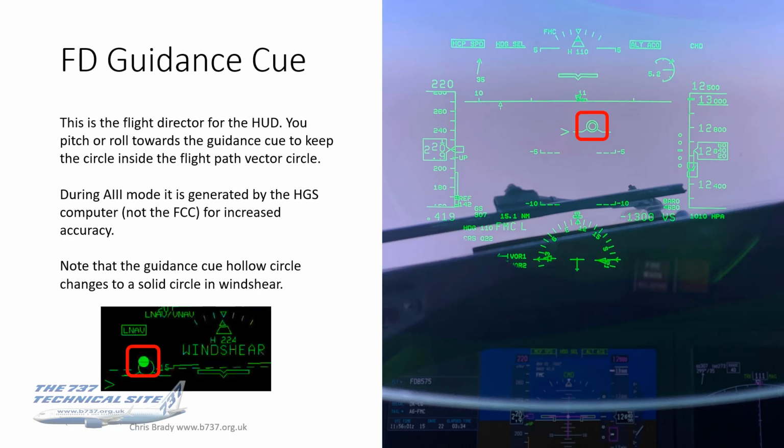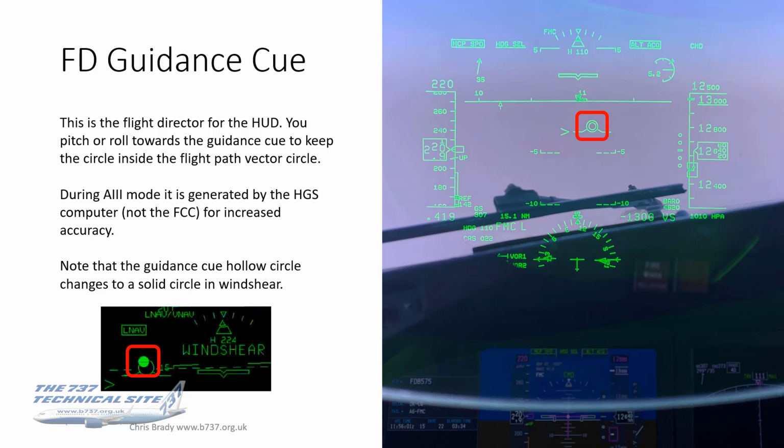The flight director guidance cue is this circle inside that flight path vector. That is effectively your flight director for the HUD. You pitch and roll to keep the guidance cue, that circle, inside the flight path vector circle. And that's where you can get a bit target fixated.